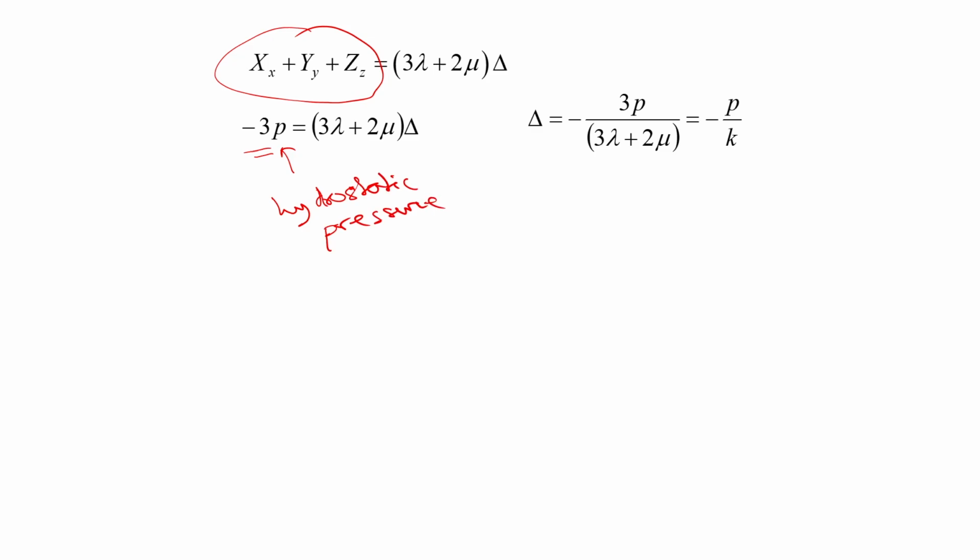If you remember in fluid mechanics, we use this term hydrostatic pressure to define the pressure of a fluid at a particular point, and this pressure does not have any direction, it is only magnitude. So, here too, this xx plus yy plus zz divided by 3 with a negative sign becomes the hydrostatic pressure.